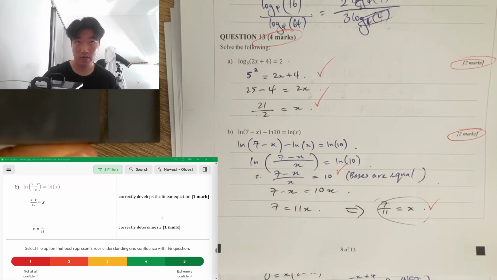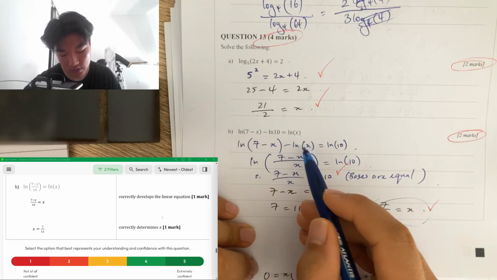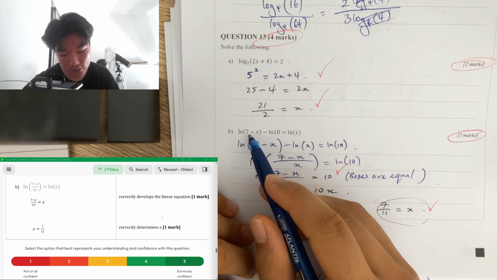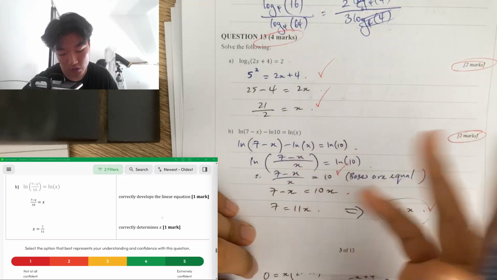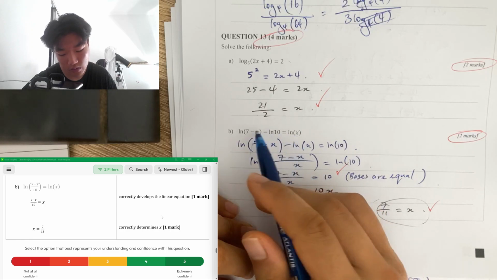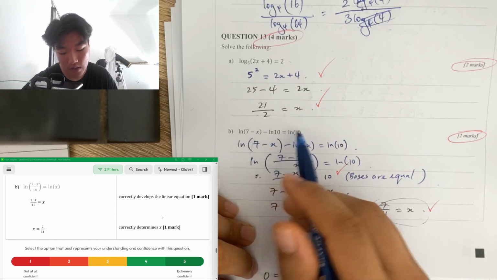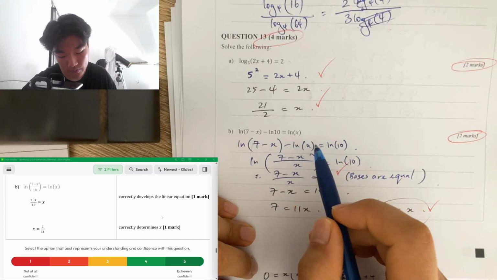Button almost fell. Okay. Here, the solution just uses the log law and applies it onto 10, which you could just do. But at first, I just rearranged the x's, the natural logs with x's in the brackets, to be on the left side, and then ln of 10 to be on the right side.